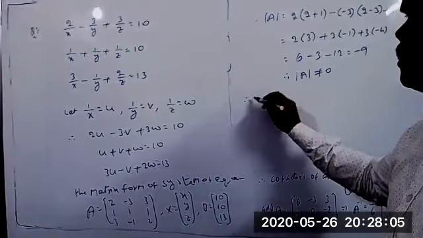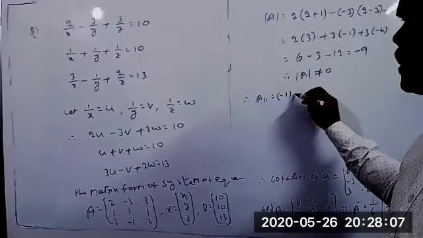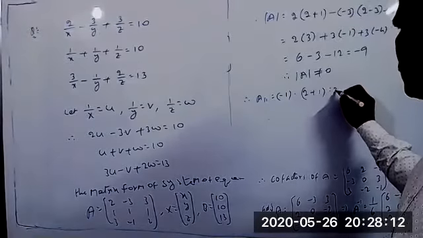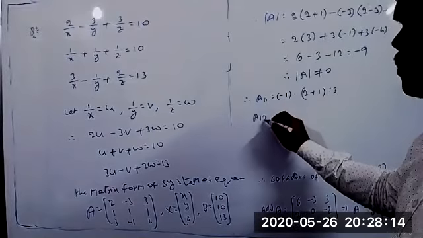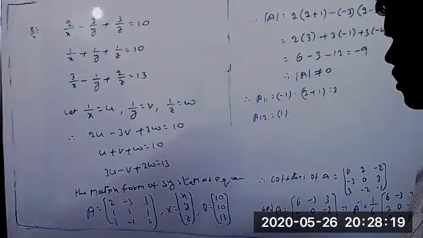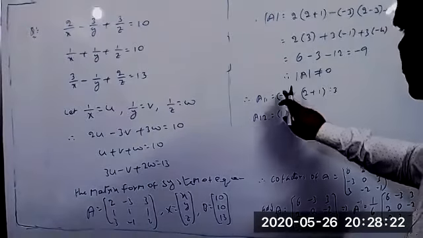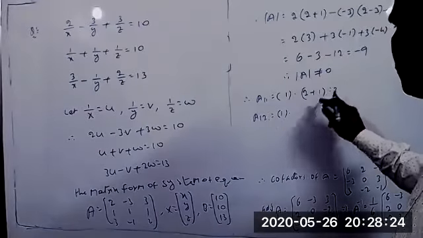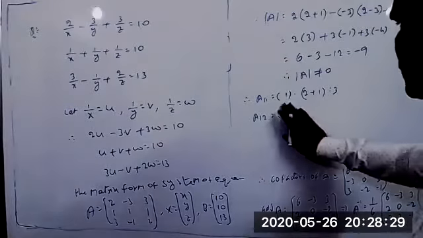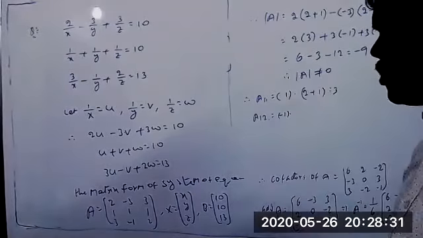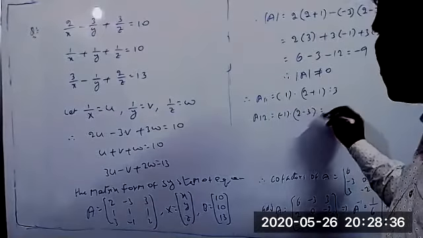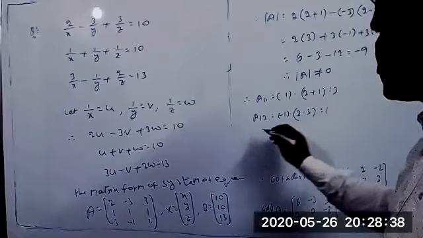Therefore, A11 equals plus 1 into (2 plus 1), which is plus 3. A12 equals minus 1 into (2 minus 3). 2 minus 3 equals minus 1, and minus 1 into minus 1 equals plus 1.